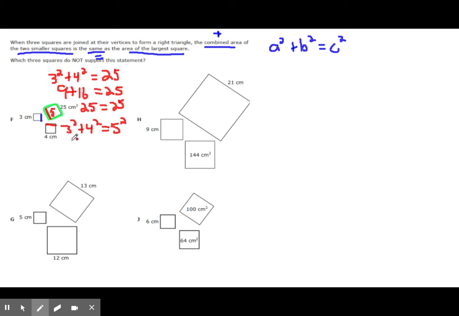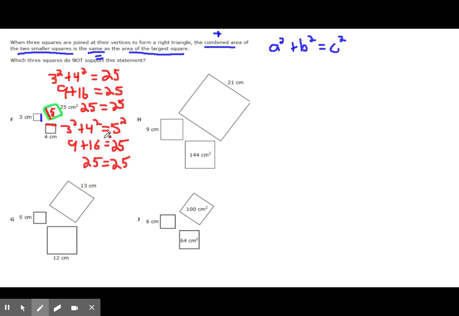So 3 squared, 9, plus 4 squared, 16, is equal to 5 squared, which is 25. And if I add 9 plus 16, we get 25 equals 25. So this one does in fact match what our diagram shows.